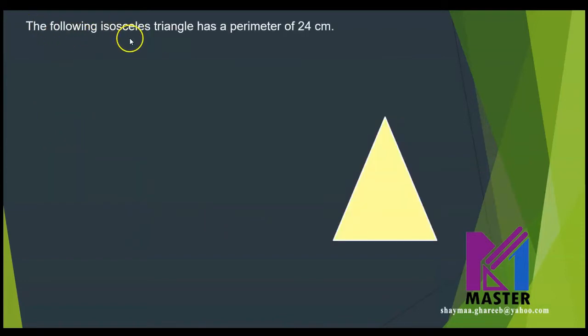The following isosceles triangle has a perimeter of 24 centimeters. So this is an isosceles triangle, which means it has two equal sides, and its perimeter is 24 centimeters.